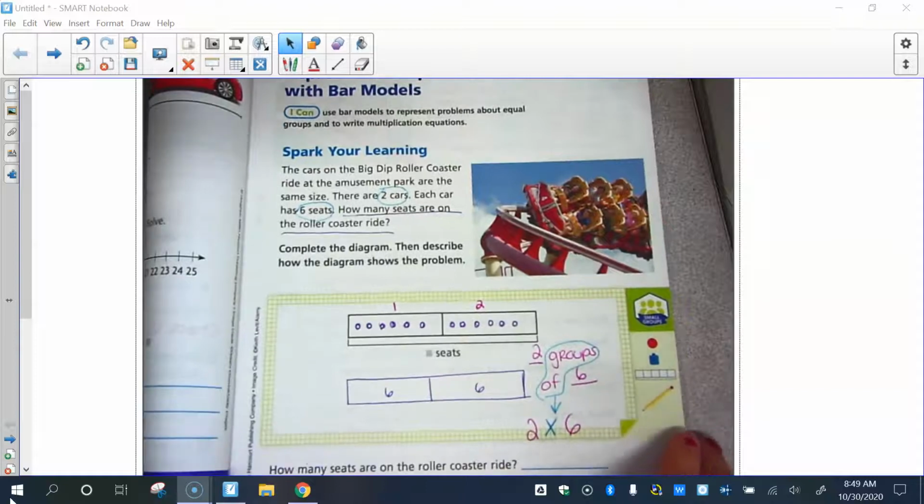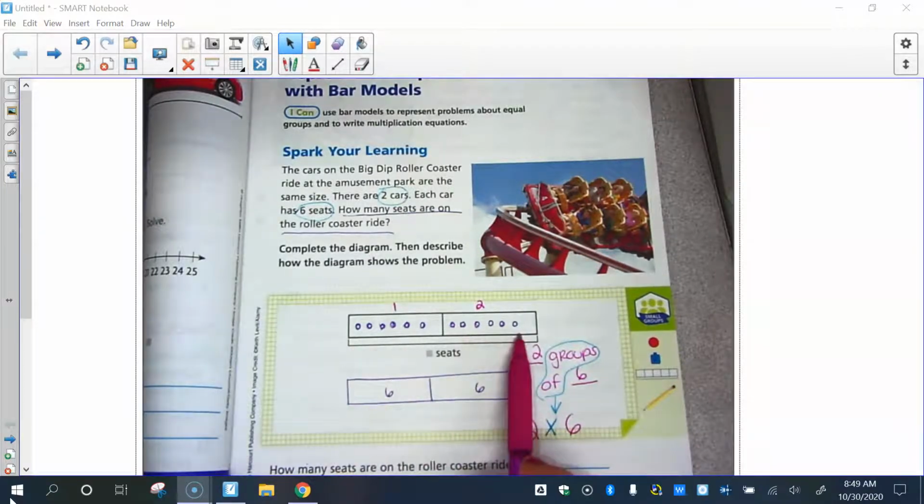Great job. And how many do we have all together? We can do 2 times 6, which is counting 2 6 times. That's the counting. We can count all the dots together. We can do 6 plus 6. So which one would you rather do? I want you to pick a method right now. Or we can do 6 times, just like that.